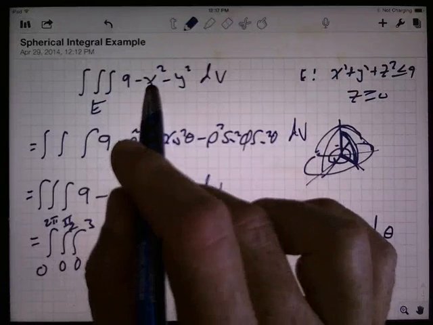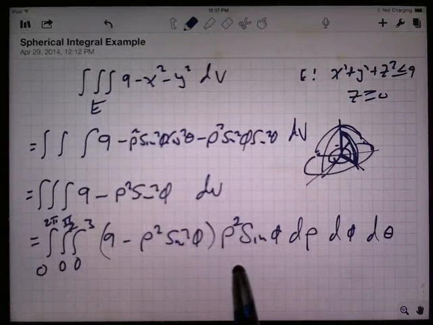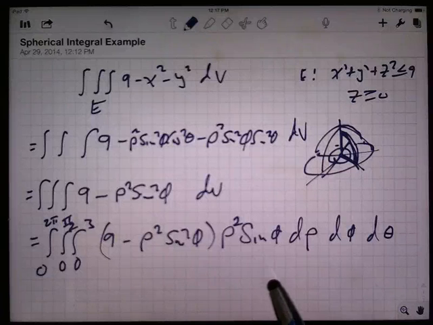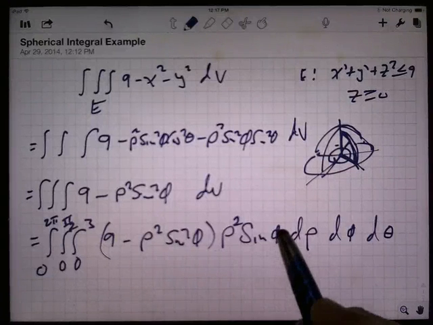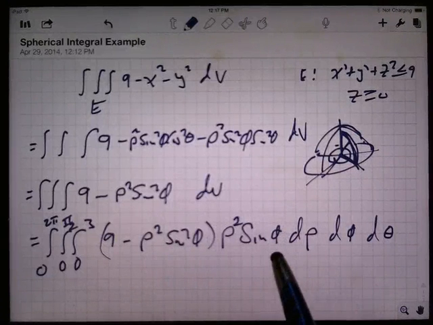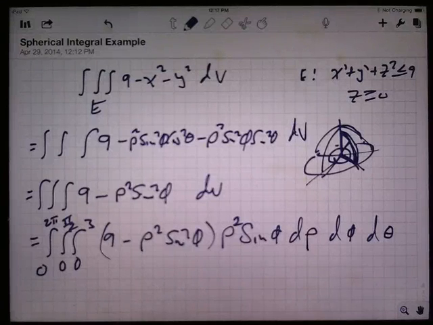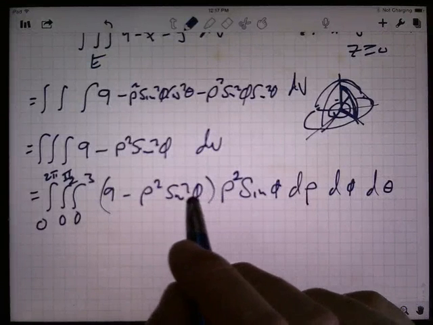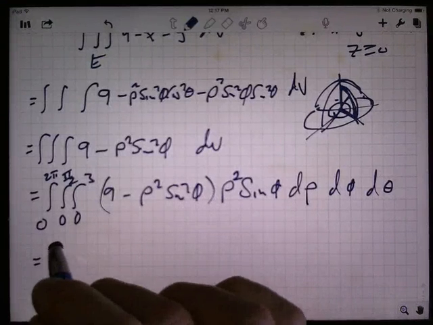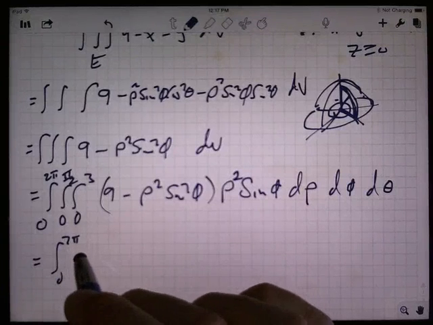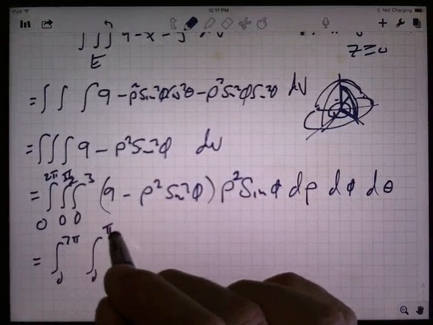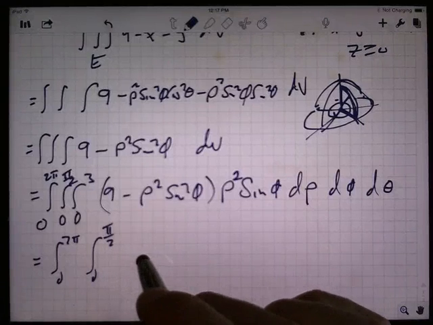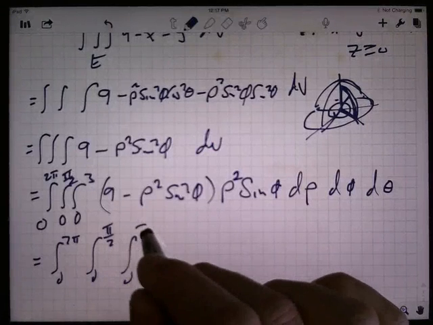But this integral here turns into this. Now, just like with polar coordinates, you've got to make sure that you multiply this in. Although this came from the dV, it's part of what needs to be integrated. Okay. 0 to 2 pi, 0 to pi over 2, 0 to 3.